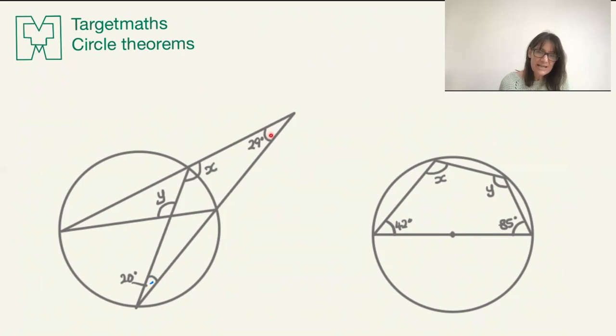I can see some triangles. I can see some quadrilaterals. I can see a same segment. That is actually standing out quite well for me. If I look at these 2 points here, if I go along these lines, I hit that angle. And if I go along these lines, I hit that angle.